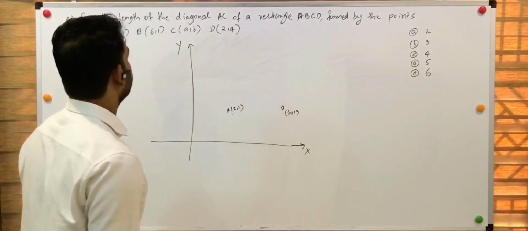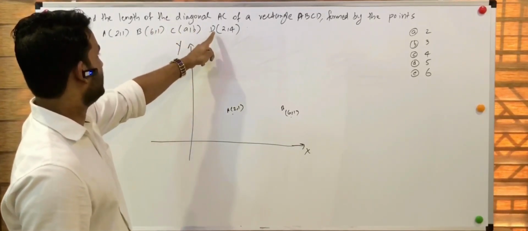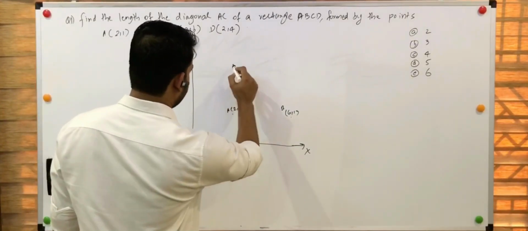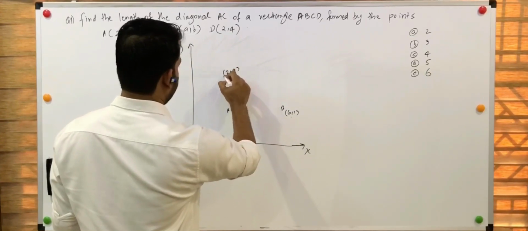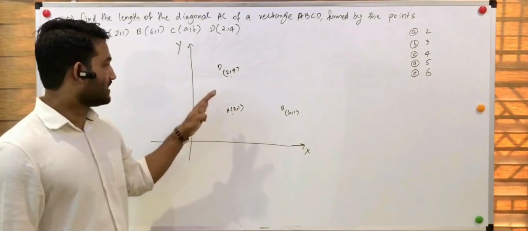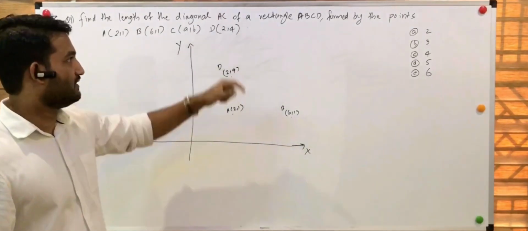And C, which is unknown, leave that. D we can mark at (2, 4), somewhere here. Now I have marked all 3 corner points of the given rectangle.